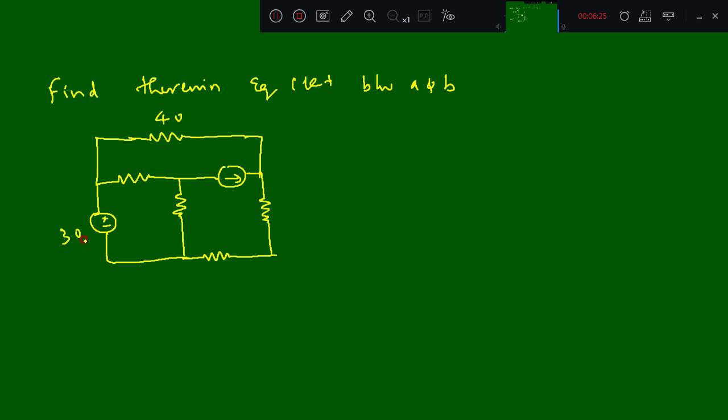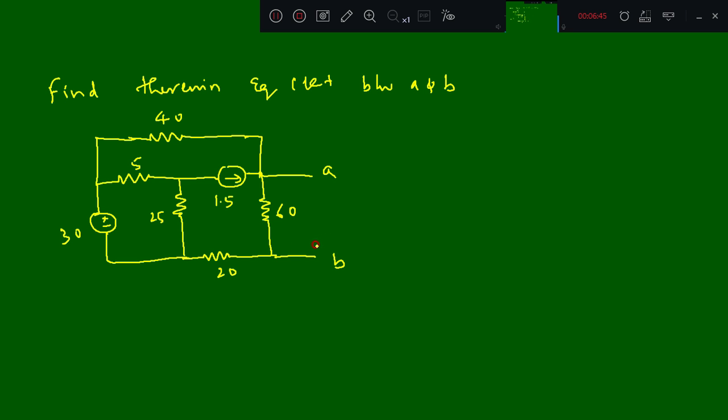So voltage is 30 volts, then this is 5 ohm, here it is 25 ohm, here it is 60, here is 20, then the current source is 1.5. So you need to find it between A and B.